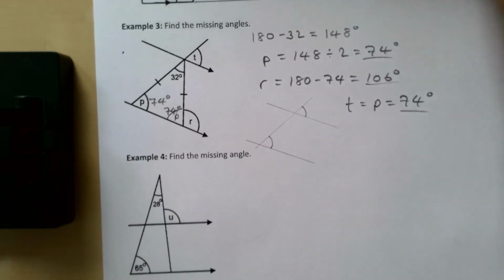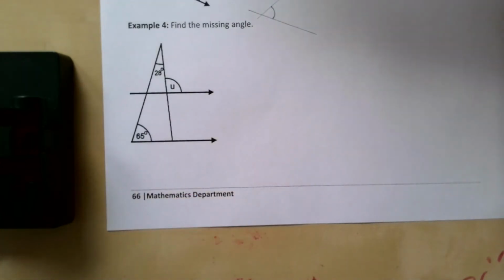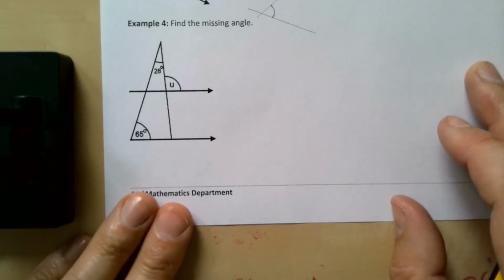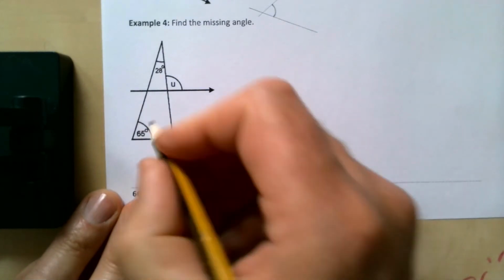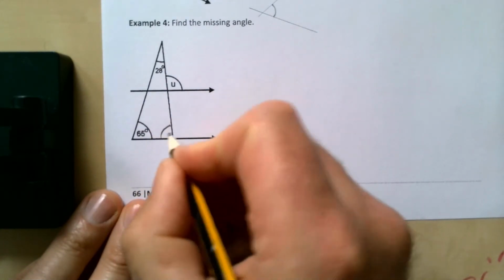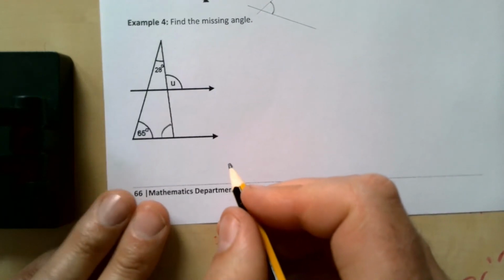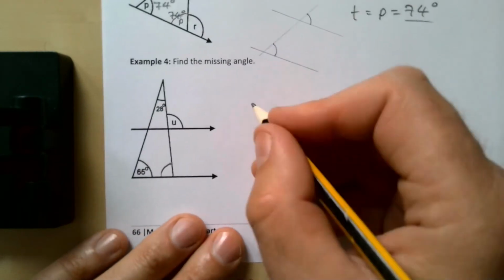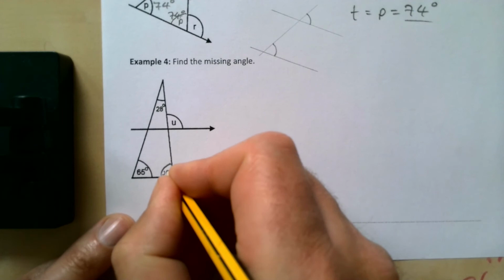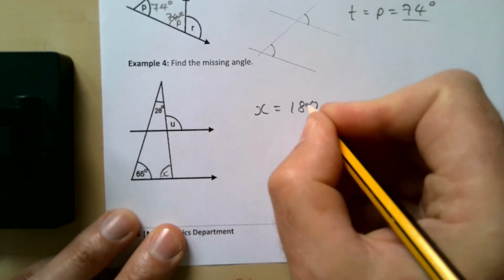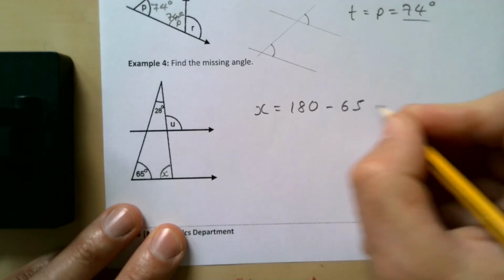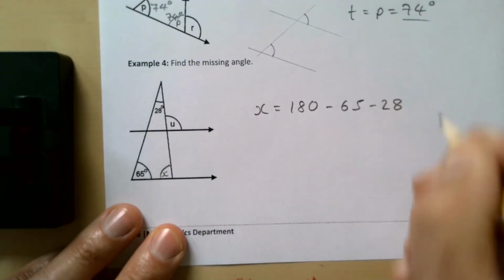Okay, finally then this one, find the missing angle. Okay, so again, quite tough to try and work out, but we should be able to do it. 28 and 65, and this angle must add to 180 degrees because it is a triangle. So let's call this angle X. X equals 180, take away 65, take away 28.